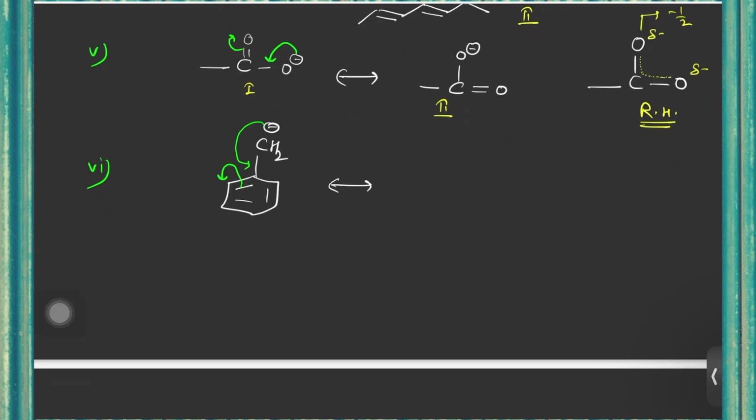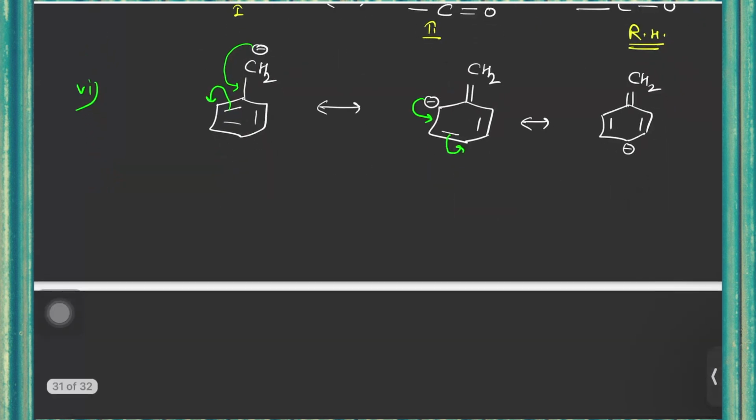This bond will shift here, and you will see the resulting structure like that. Double bond CH2, negative charge will come here. Double bond, double bond. Then what will happen? This negative charge will shift on the next sigma bond, and this existing pi bond will break. And we will see the resulting structure as double bond, negative charge, double bond CH2.